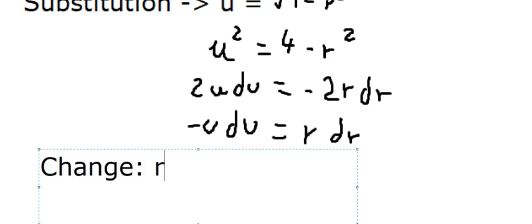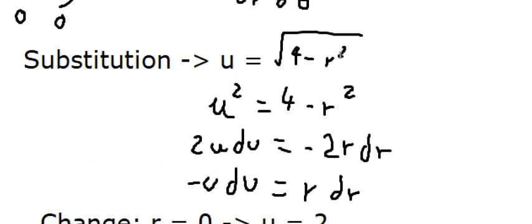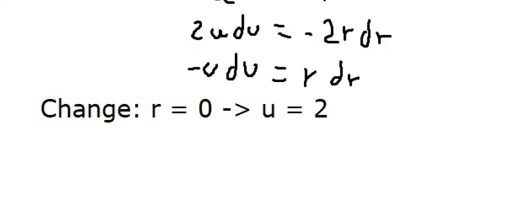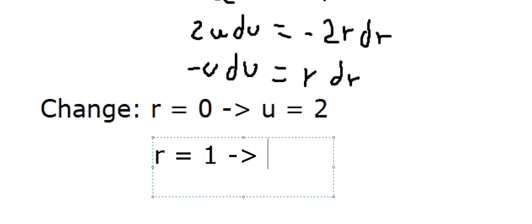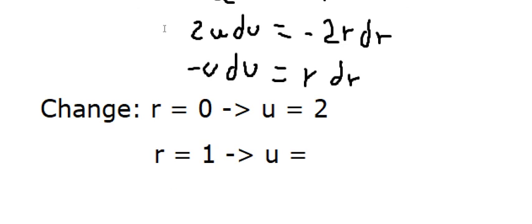If r equals 0, so u should be 2, because we put r in here. So we find the square root of 4 is 2. Next, if r equals 1, so u should be the square root of 3.